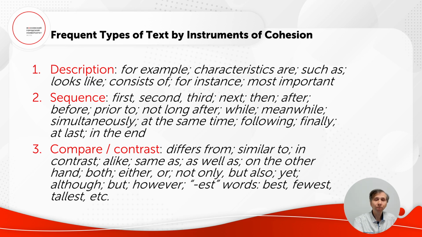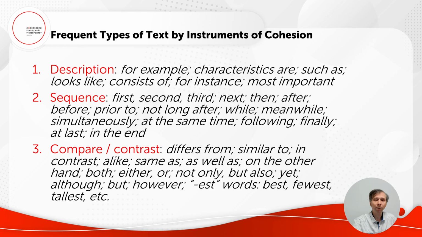So description, and descriptive texts can be recognized by linking elements such as, for example, the characteristics are, such as, looks like, consists of, for instance, most important. So you see, the linking elements are quite different. We will not always group them together like this, but it's curious that all of them point us in the direction of descriptive text.